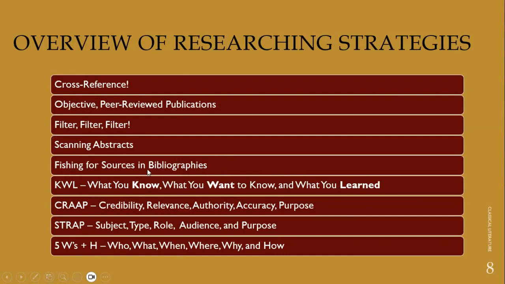So at the bottom of those academic articles, you scroll down and you'll see their bibliography or their references, works cited, whatever they called them, and look through those sources that they cited and copy and paste the article name and the name of the author and put that into the search bar for your next search.